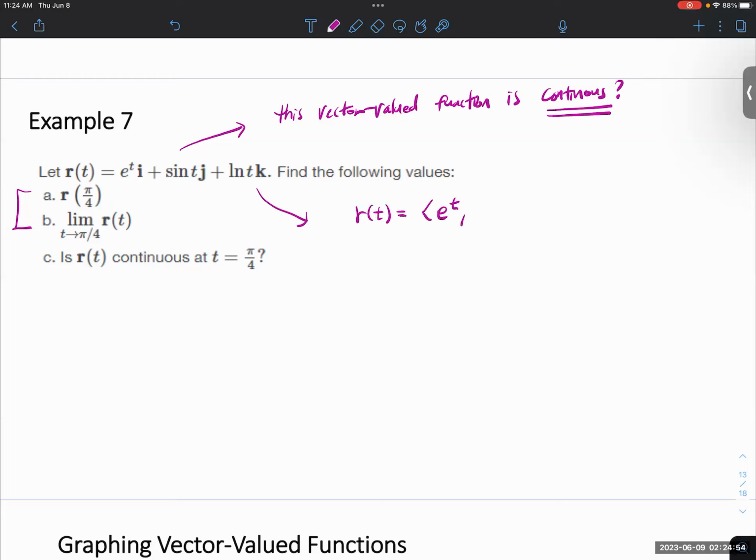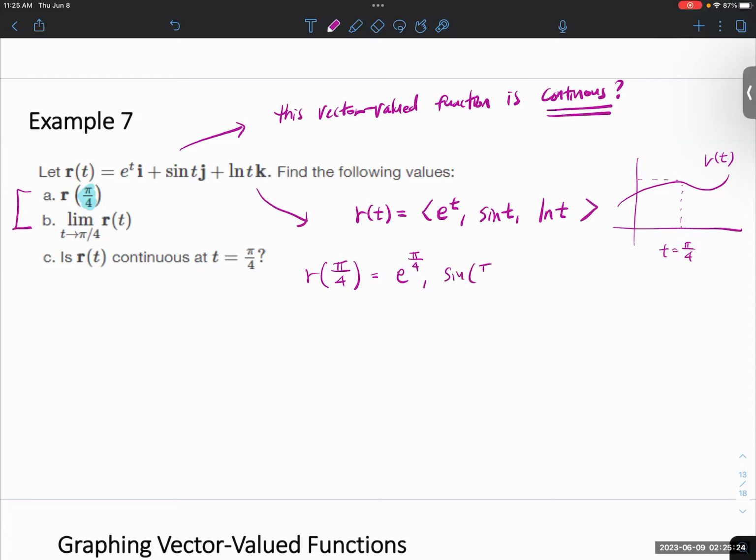Let's find out, when t equals... I don't know what the vector looks like, but I want to know. Let's say we have the R vector. I want to know, when t equals pi over 4, what is the outcome? So let's evaluate at pi over 4: e to the pi over 4, sine pi over 4, ln pi over 4.